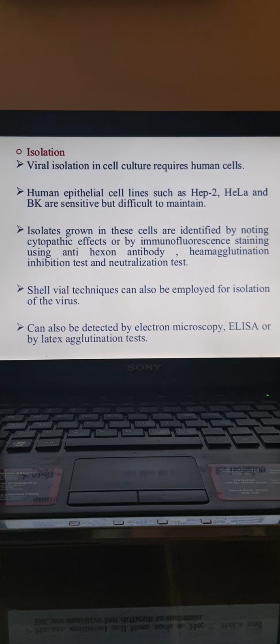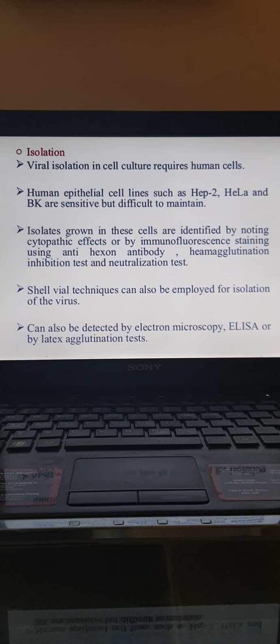Then is isolation. Now the isolation of virus is done by various cell culture techniques, and this requires human cell culture lines. We can use here HeLa cell culture line, Hep2 cell culture line, BK cell lines. These are sensitive but difficult to manage and maintain.